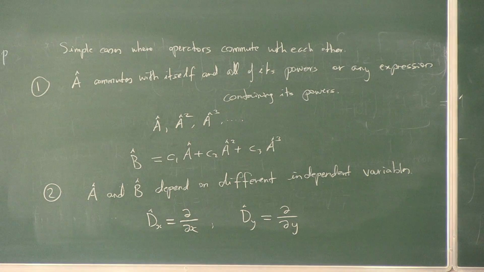Now, finding commuting operators, or realizing that two operators commute with each other, is quite important. Why? Because of the following property.